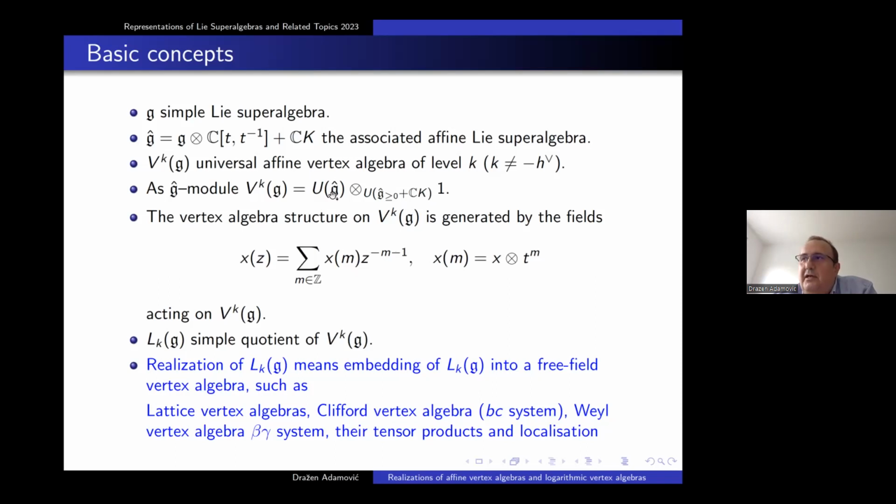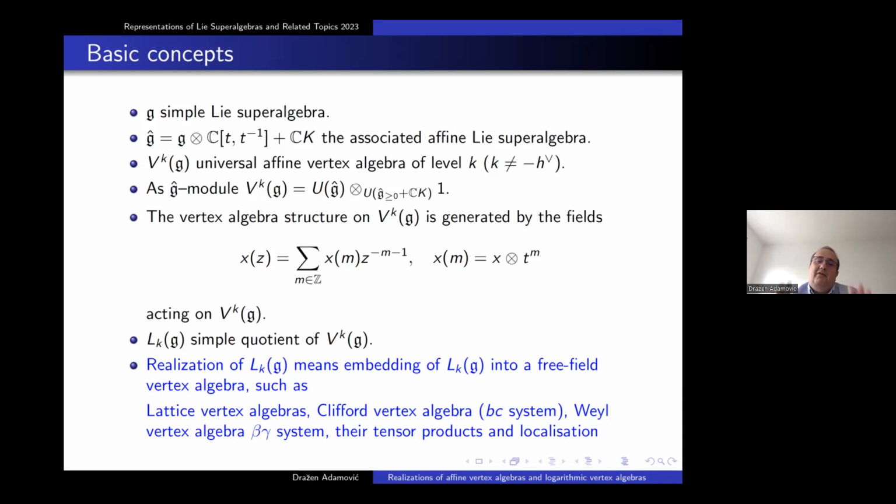In Jinwei's talk, he considered the Virasoro case. So in the Virasoro case, the vertex algebra is a quotient of a Verma module by one singular vector. Here again, this universal affine vertex algebra is the quotient of a Verma module by certain singular vectors, but it has a very nice description as this induced module.